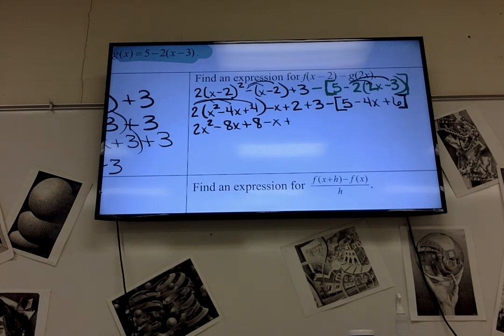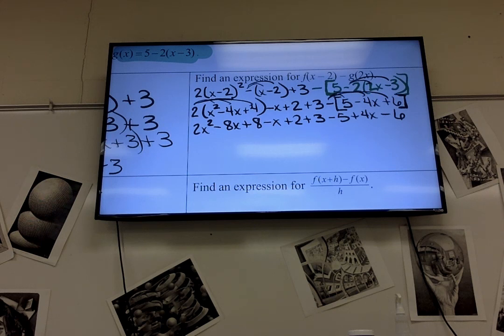Minus x plus 2 plus 3. Now this minus sign has got to go with everything. Now you could simplify first and then do the minus. It doesn't matter which way you do it. So I'm going to do minus 5 plus 4x minus 6. Because that minus sign had to go with everything.